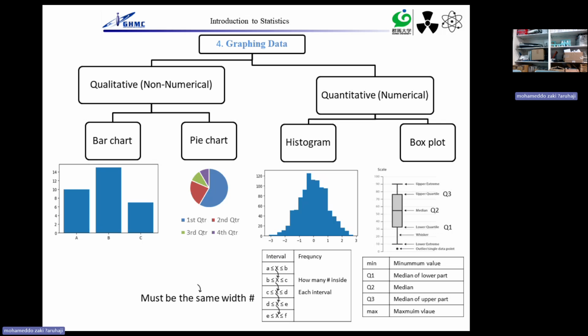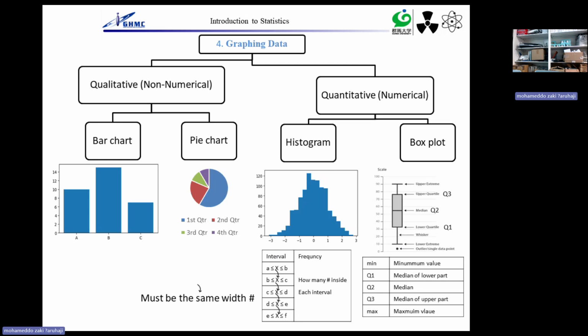Now, this Q1 and Q3, these lines, they are actually the median of the lower part and the median of the upper part. So Q1 is 1.5, right? How can I find the median of this?